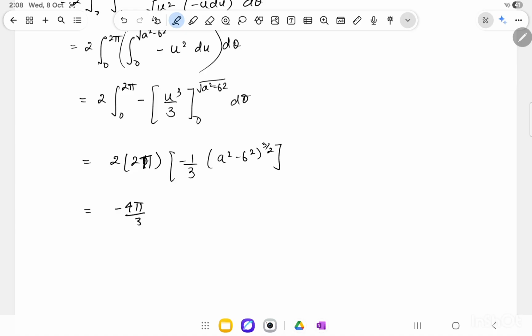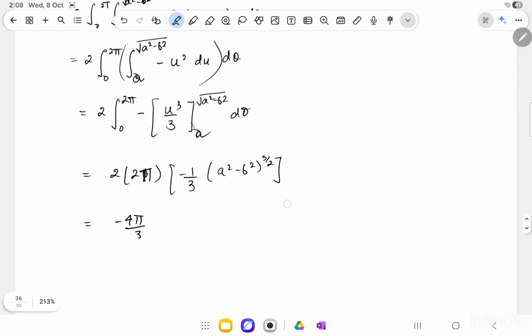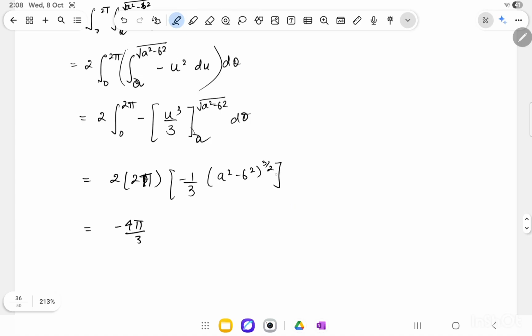Oh, this limit is a, not 0. So it will be minus 1 by 3 times a square minus b square raised to 3 by 2, plus 1 by 3 a square, or a cube basically.